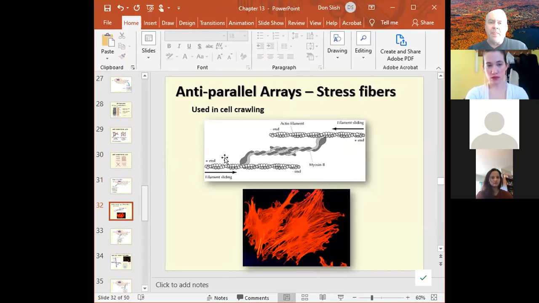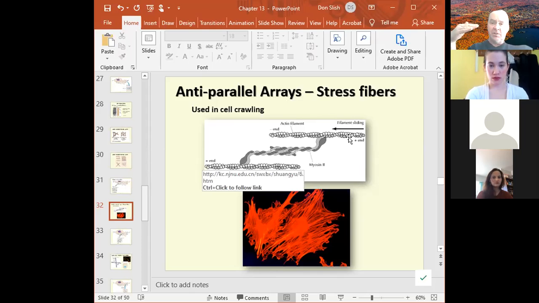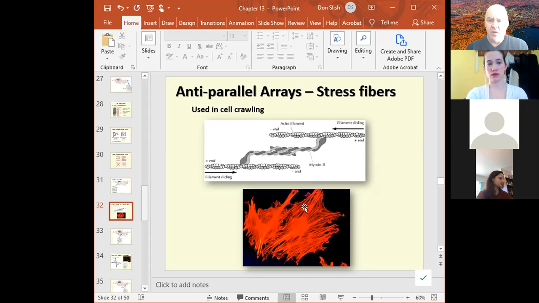So you can imagine if this guy walks along the microfilament in that direction, and this guy walks along in that direction, what happens, and because they're stuck to each other, they pull the microfilaments across each other. So very similar to muscle contraction. You've got myosin between two levels of microfilament, and they're pulling each other and contracting.